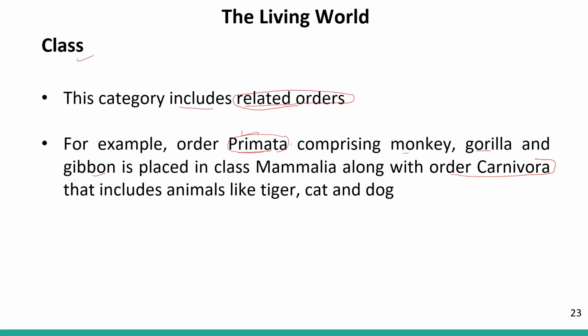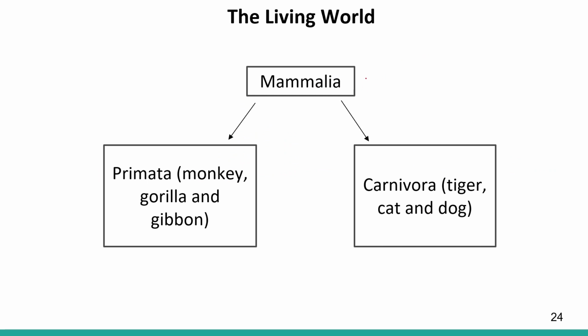We are talking about class here. The first order is Primata and the second order is Carnivora. So these two orders are placed under the class Mammalia. Here you can see the class Mammalia includes the orders Primata and Carnivora. Primata includes monkey, gorilla and gibbon.